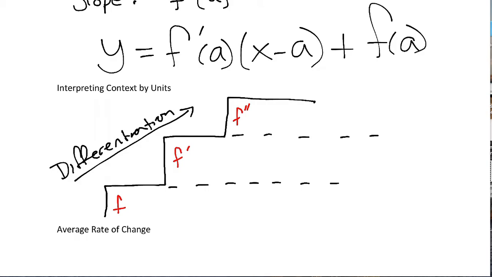So units of measure. So just thinking in terms of units, maybe this is in inches. Then this one is inches per some time limit, let's say it's minutes. Then this would be in inches per minute squared, because each time we're going up by another factor of minutes.